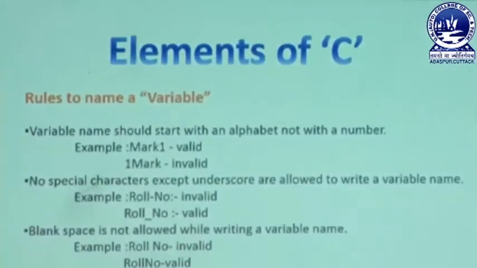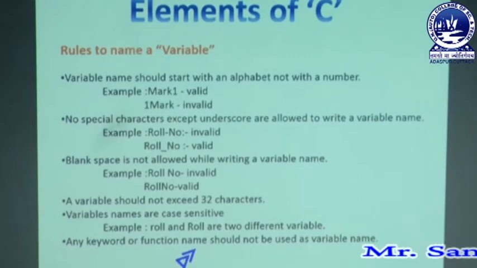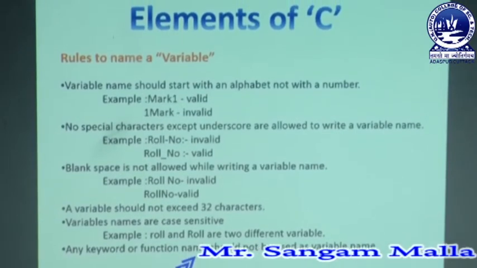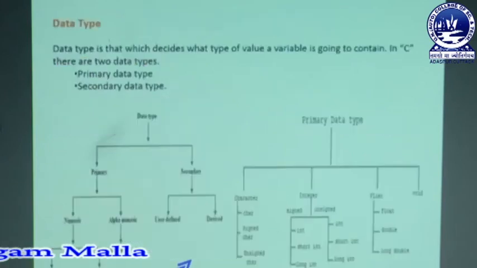Int cannot be a variable, because int or float or double, they are the keywords of C programming language. So, any keyword cannot be used as a variable name in C programming language. These are the rules to name a variable. They are very important, because if we break any rule while naming a variable, then those variables will not be saved or allocated.